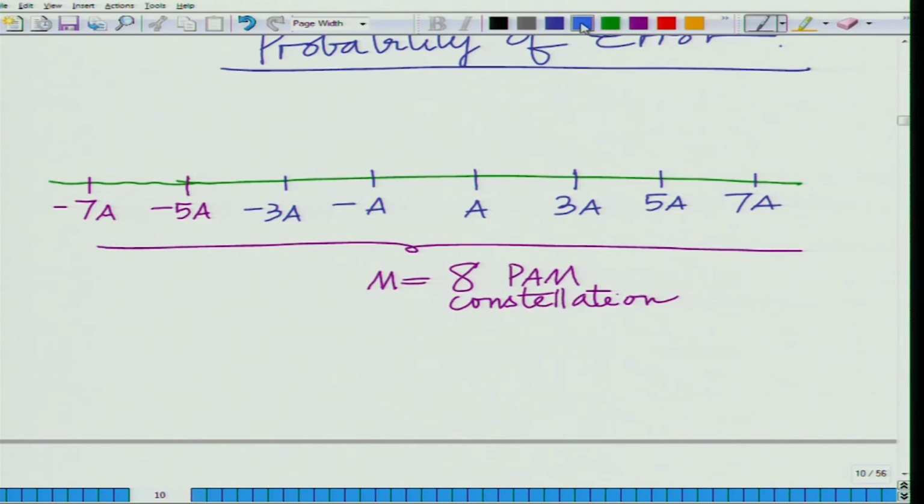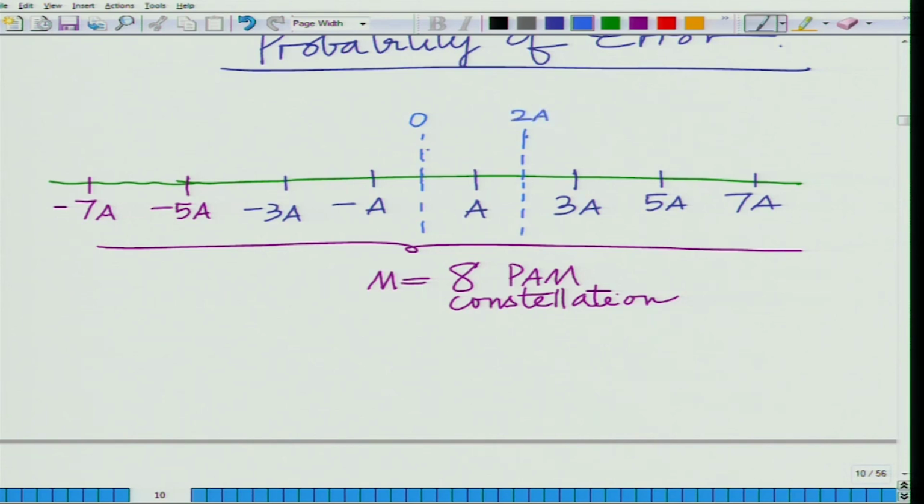Now, once again the detection is very simple. If you look at this interior point A, by symmetry, you can look at the midpoint between A and 3A, and the midpoint between minus A and A. So, this midpoint is 0, this midpoint is 2A.